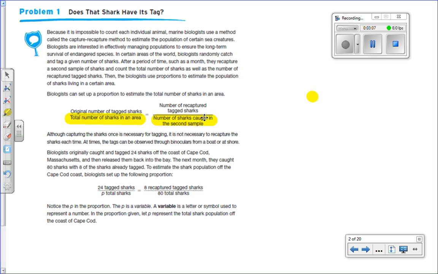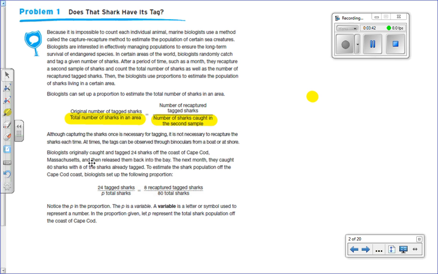So that is the total of what we're talking about in each instance. Using an estimate, you would say the total number of sharks, and then we have the original number of tagged sharks in the numerator. And again, over here in the numerator, we have the number of recaptured tagged sharks. So both numerators are talking about tagged sharks. Both denominators are using total number of sharks.